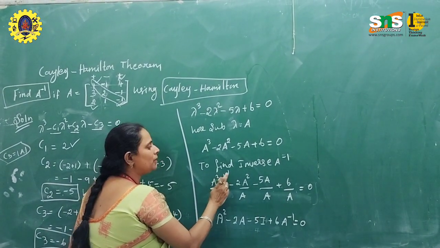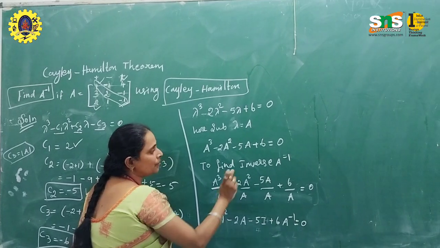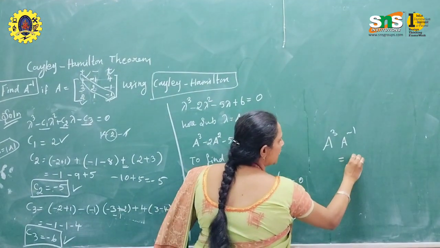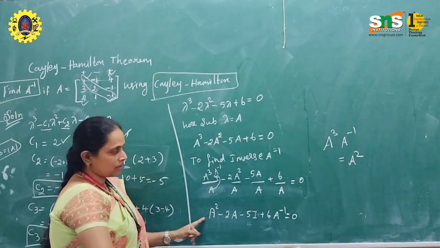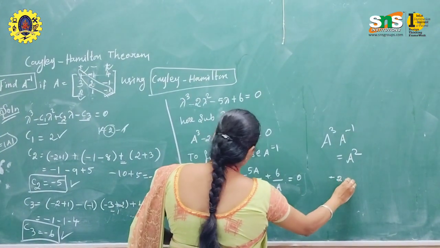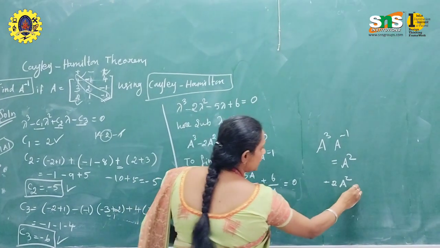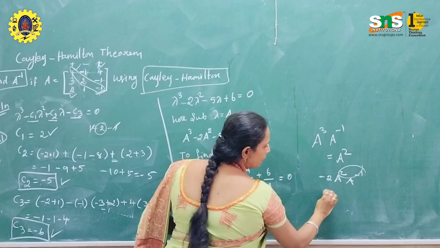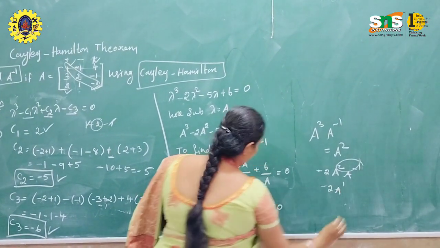So A cube into A inverse is A square. Similarly, minus 2A square into A inverse: the base is the same, so we add the powers, giving minus 2A power 1.